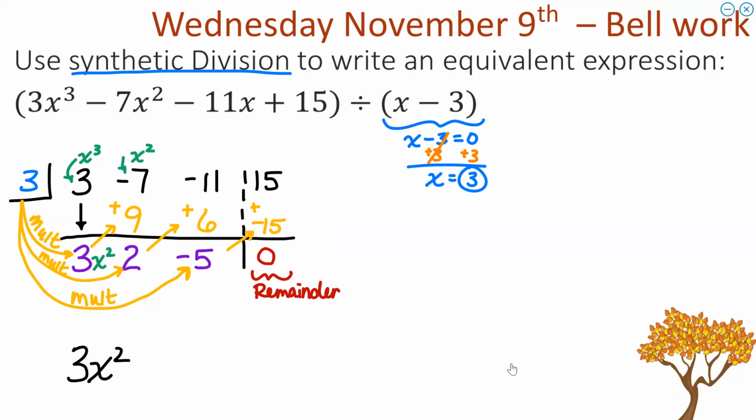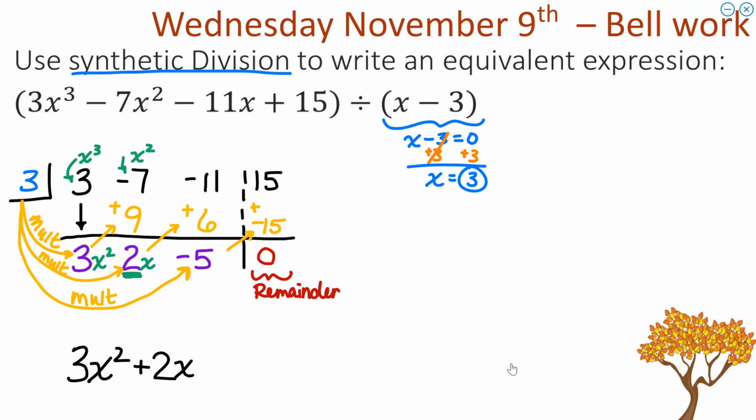So right underneath it now, this 2 will go with just x. Plus 2x or minus 2x? Why is it a plus? Because it's a positive 2x. So I'm going to have plus 2x.